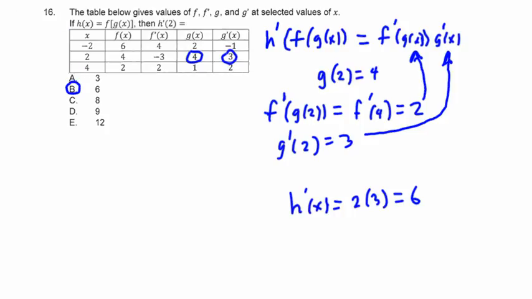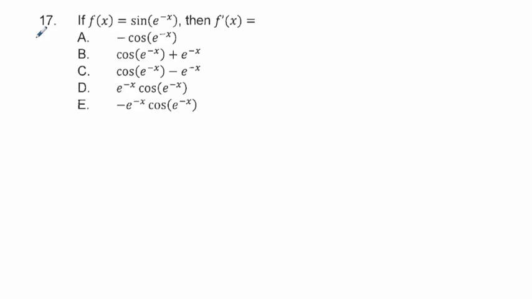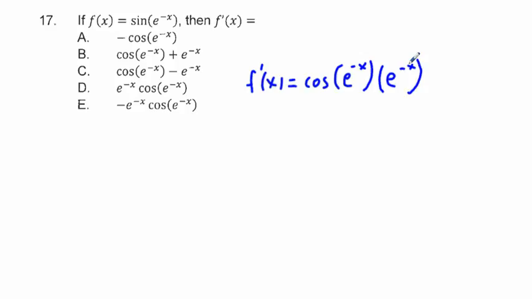Next, 17. We have if f of x equals sine of e to the negative x, then f prime of x equals, well, the derivative of sine is cosine, so we have cosine of e to the negative x times the derivative of e to the negative x, which is simply e to the negative x times, again, the derivative of the negative x, which is negative 1.